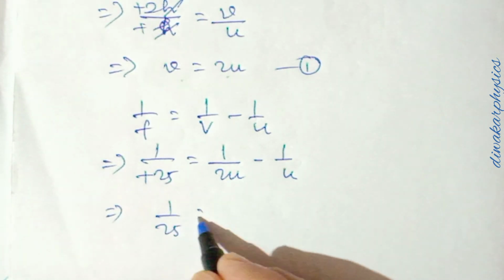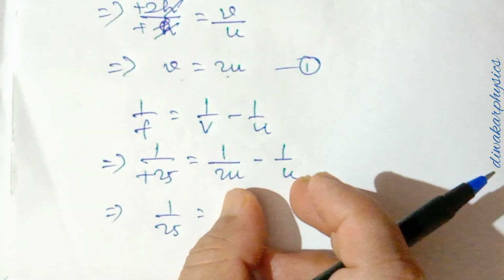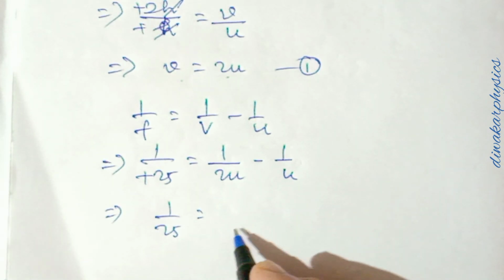So 1 by 25. Now only the variable left is u, and solving this you will get the value of u required.